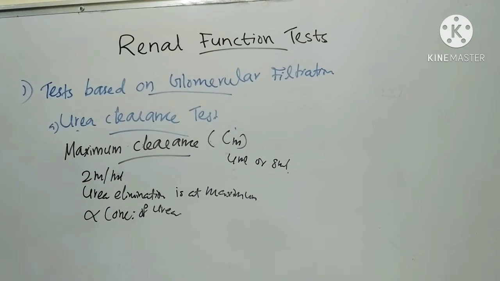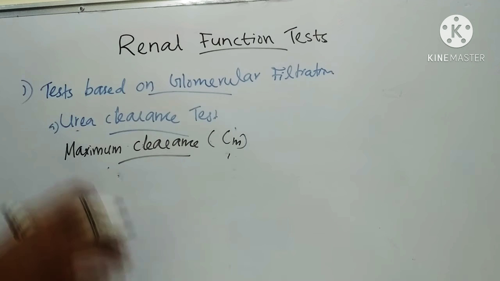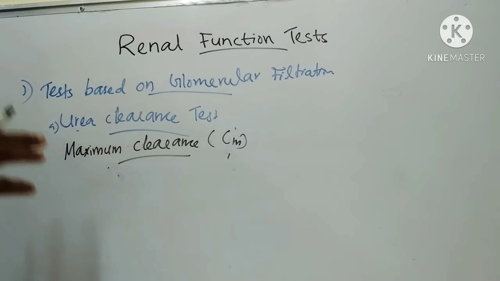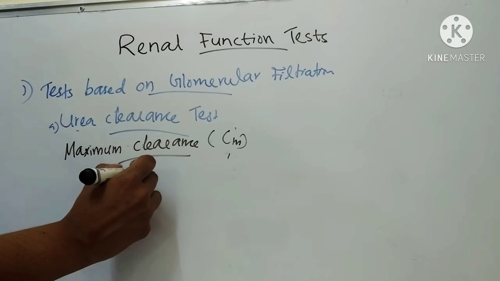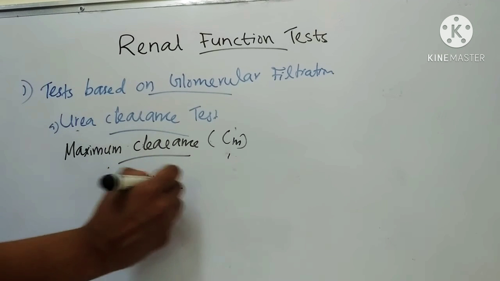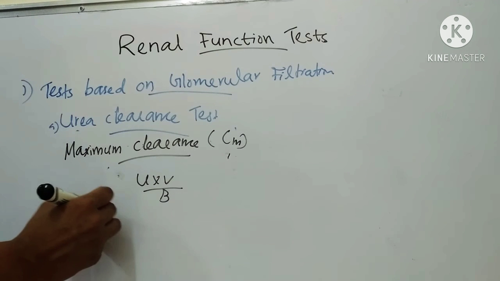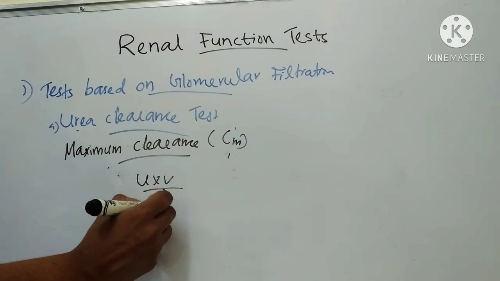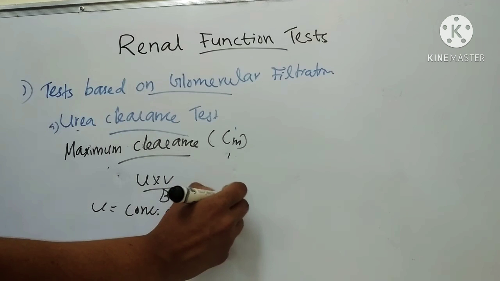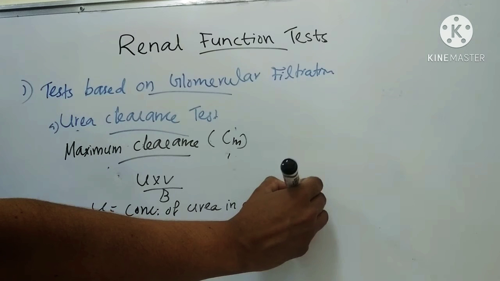So the volume of blood cleared of urea per minute can be calculated by the formula U into V by B, where U is the concentration of urea in urine, in mg per 100 ml.